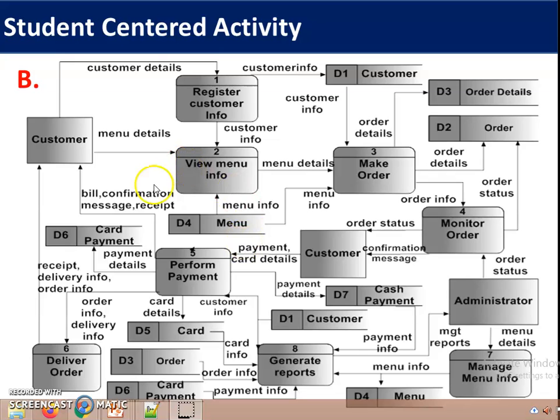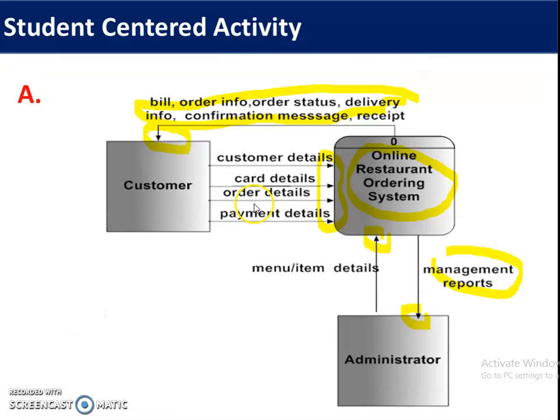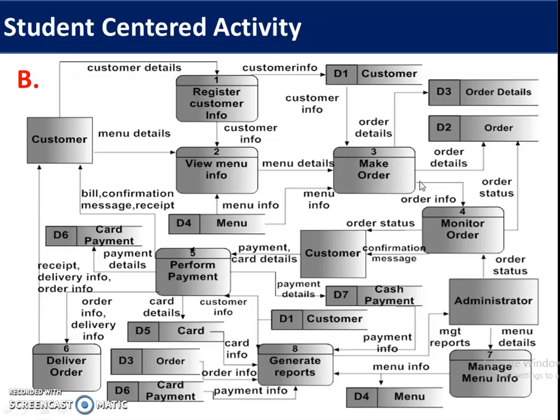Moving on to the next diagram, this is the breakdown of the process in level 0, which is the online restaurant ordering system. It has sub-processes labeled from 1 to 7. These are now the detailed processes of that system.